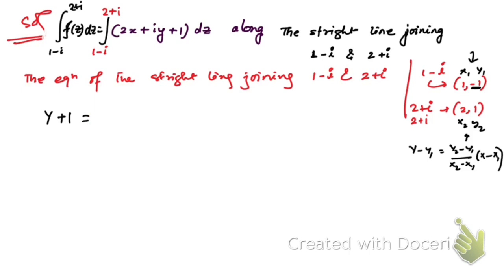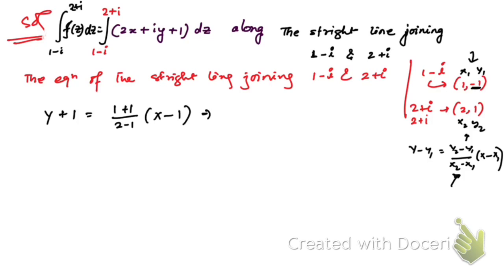Then y2 minus y1, that means 1 minus minus 1, that's going to be plus 1, so 1 plus 1 divided by x2 minus x1, 2 minus 1, into x minus x1, x1 is here 1, so x minus 1. So this is the equation.